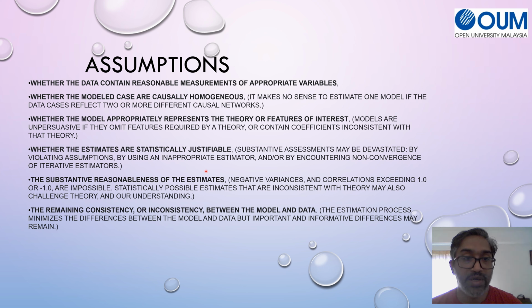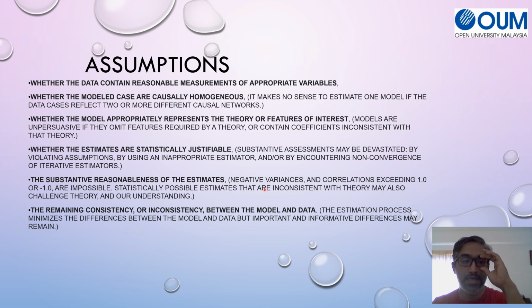The fourth one is whether the estimates are statistically justifiable, where this substantive assessment may be devastated by violating assumptions, by using an inappropriate estimator, and or by encountering non-convergence of iterative estimators.